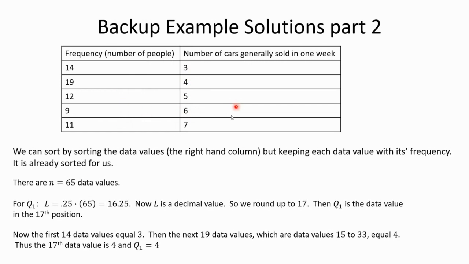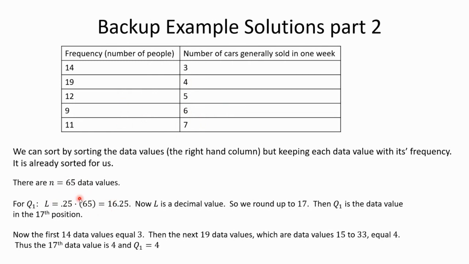Okay, so again, we want to get each of the quartiles. The minimum's easy, that's just 3. So that's kind of obvious. The maximum is 7. But again, the process is still the same. So for Q1, the first quartile, we calculate our locator.